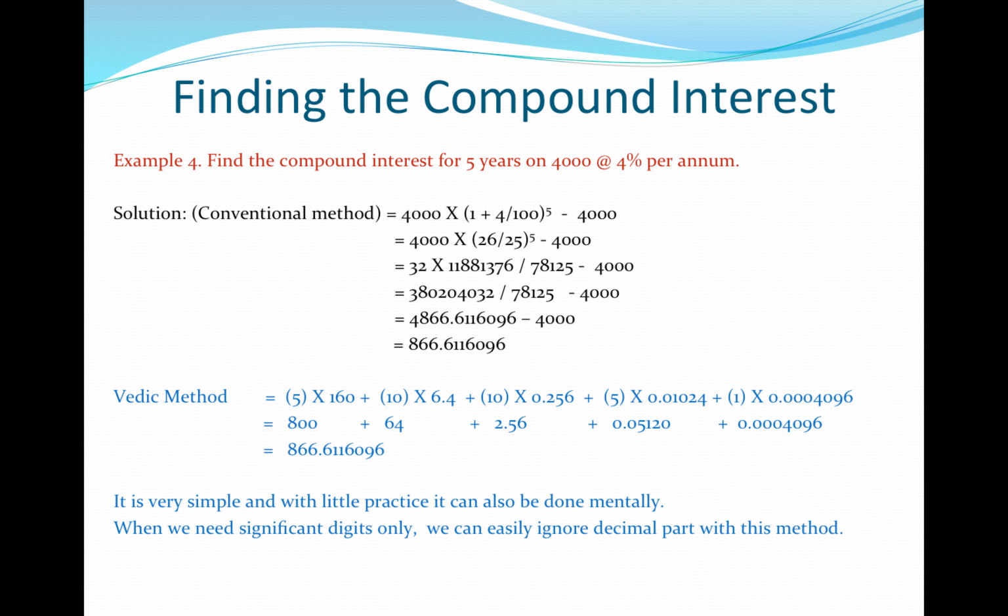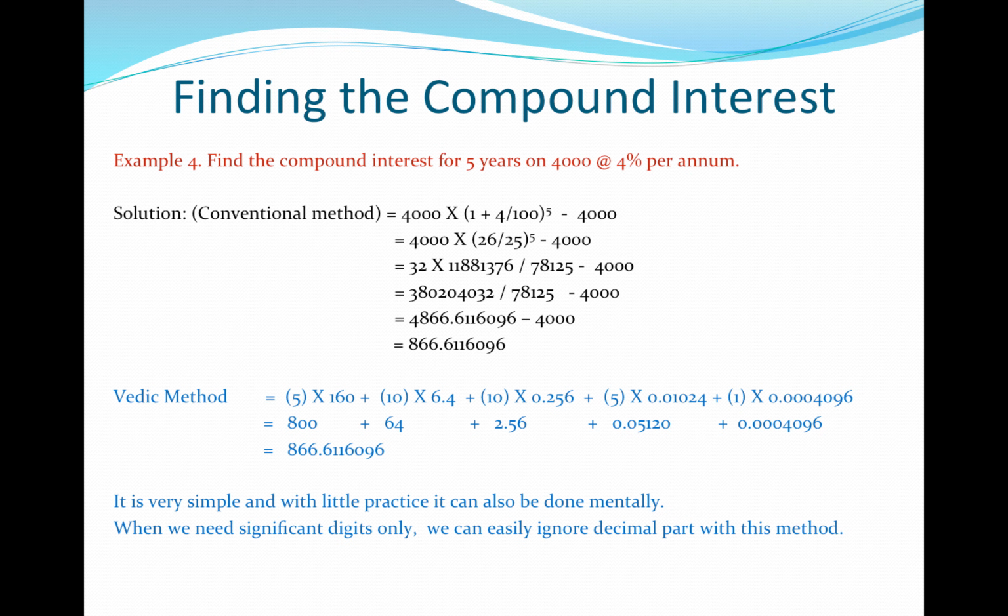So 160 multiplied by 5, we got 800. Now calculate 4% of 160. So 16 4s are 64. So 4% is 6.4. So multiply 160 by 4 and divide by 100, which is 6.4. So 6.4 multiplied by 10 is 64.